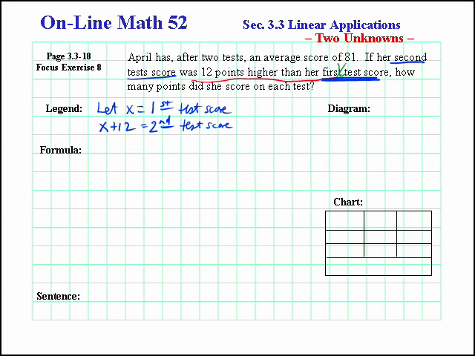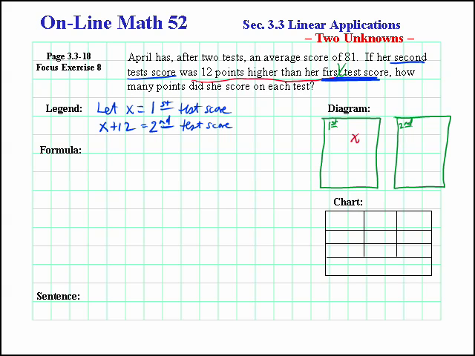Okay, well, let's see. Let me draw in her tests. This is what we've got for April. First test, second test, and what is the score? Well, our score on our first test is simply X points.